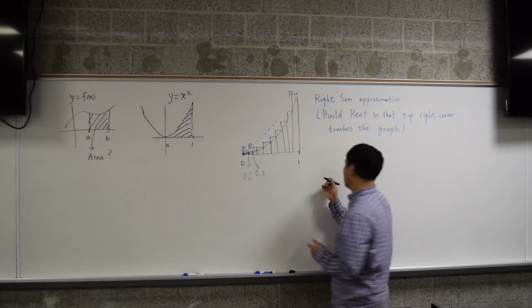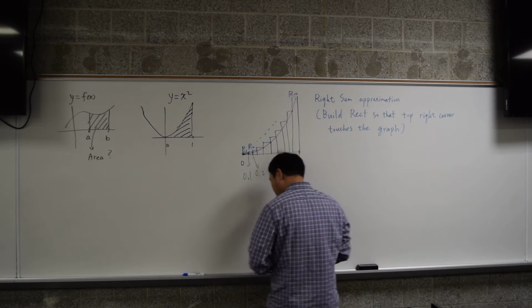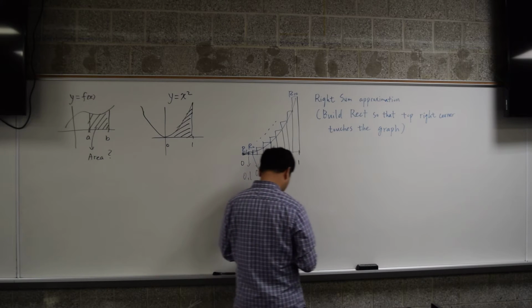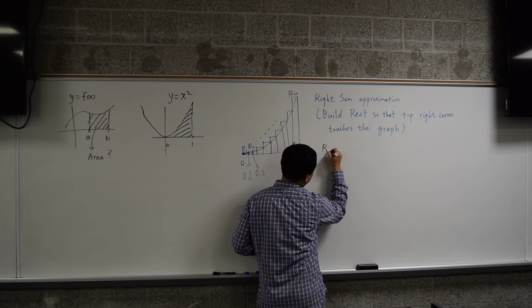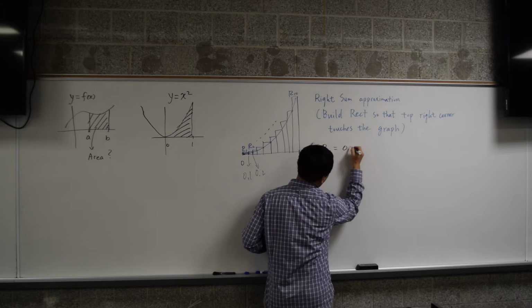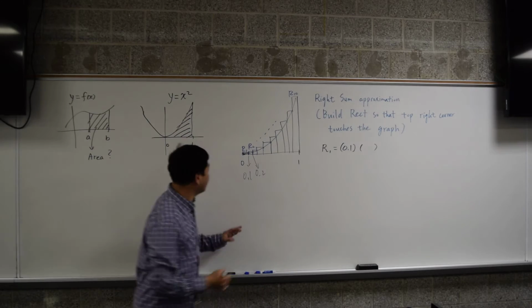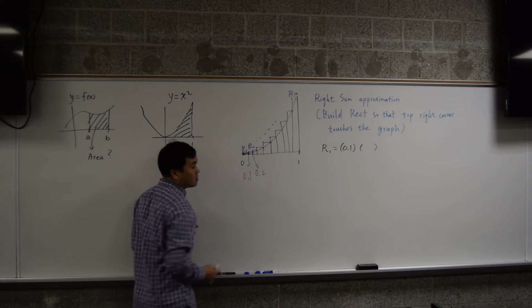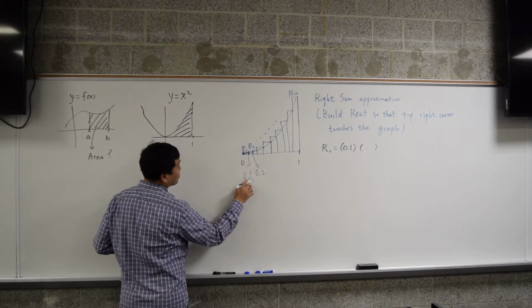0.1, right? So we always calculate the area of a rectangle by taking base times height. So R1 would be 0.1, that's the base. And what's the height of this rectangle? This location is 0.1.